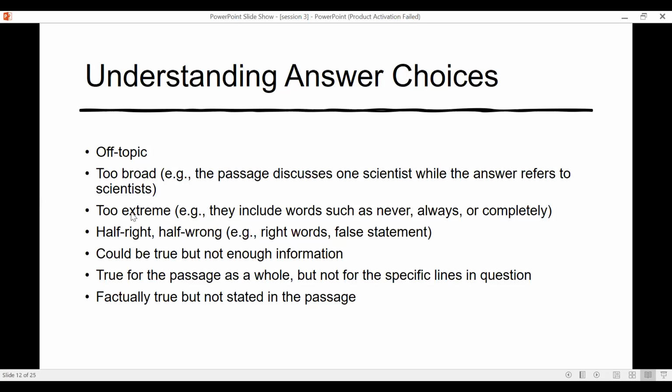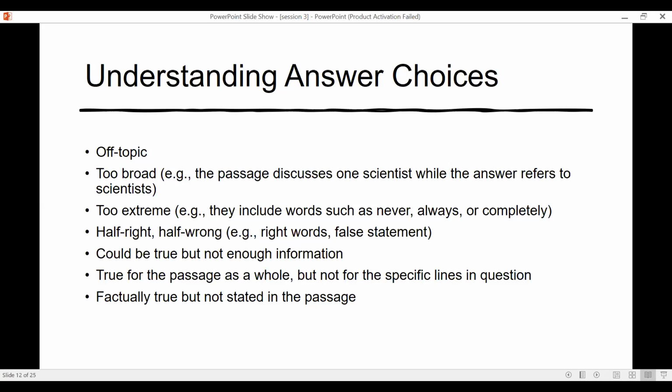Too extreme, the answer choice can be too extreme. They include words such as never, always, or completely. There are certain extreme words that the SAT doesn't prefer having within the best answer choice.